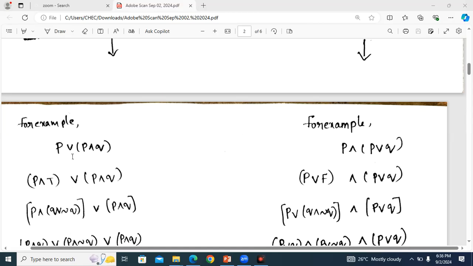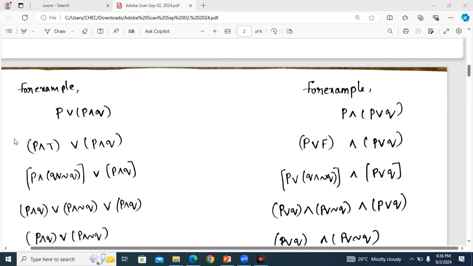Here you observe P standing alone is an elementary product and P and Q is an elementary product. So it is in the form of a sum of elementary products, which is DNF, not PDNF. Now we convert the DNF into PDNF.